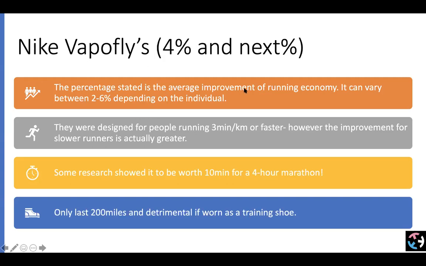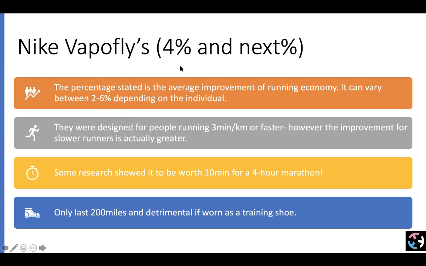So the percentage stated is the improvement in run economy, and it can vary depending on the individual between 2 and 6%. Usually what we see is that those people who are less economical usually see a higher percentage change. I'm not 100% sure why, but generally you see a higher percentage change for someone who is a bit less economical.